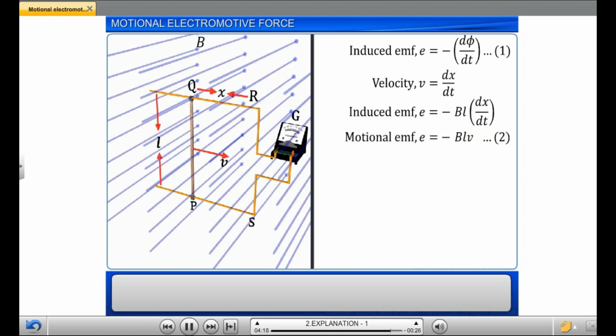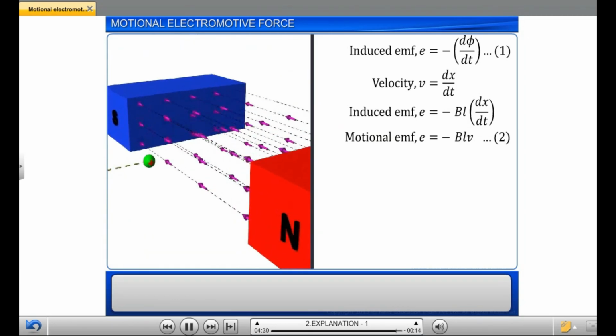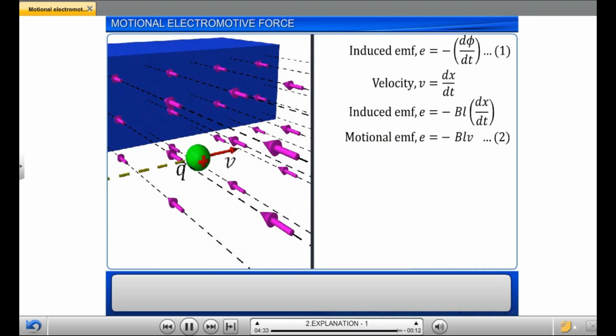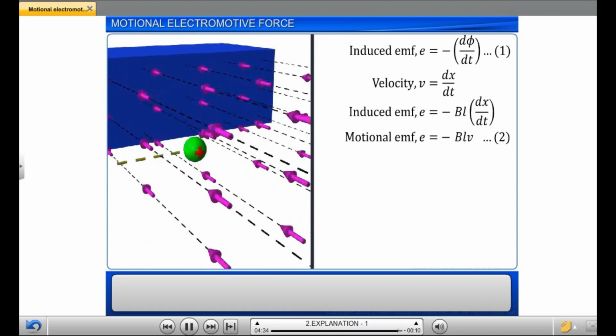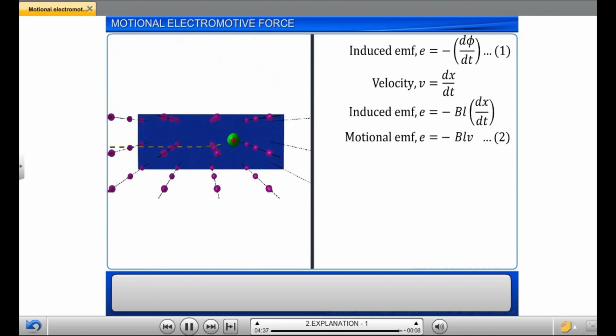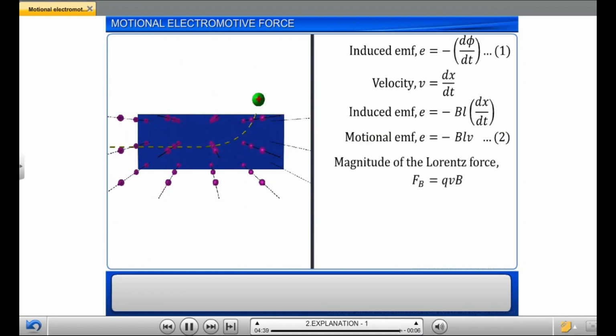The concept of motional EMF can also be explained by using the Lorentz force acting on the free charge carriers of conductor PQ. We know that when a charge Q enters perpendicular to a uniform magnetic field of induction B, then the Lorentz force on the charge FB is equal to QVB.